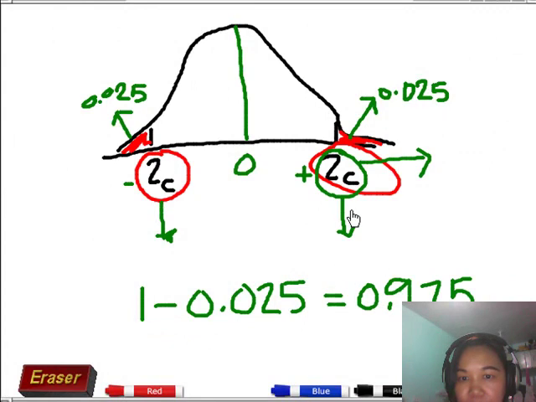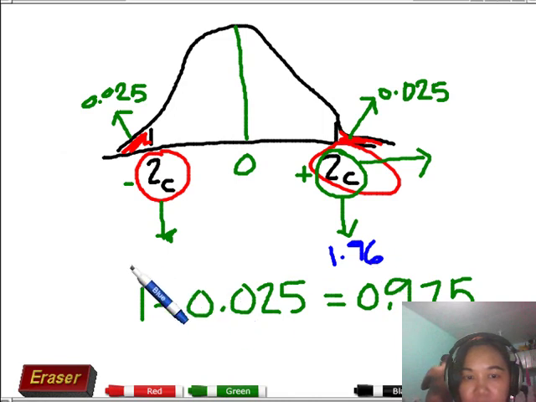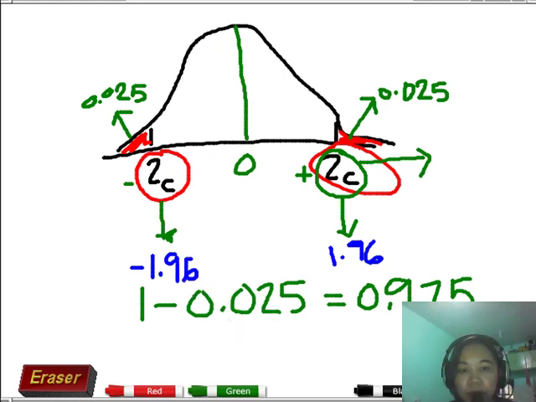So this is 1.96. This is also negative 1.96. Take note that a normal distribution is symmetric. So that's how you determine the critical values.